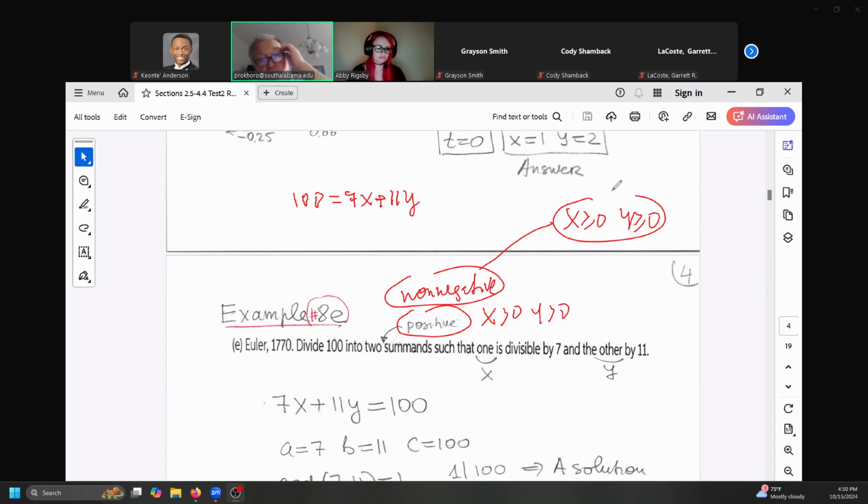So how to do it? To find these solutions, first of all, we need to solve this equation, like we did before: 7x plus 11y equals 100.